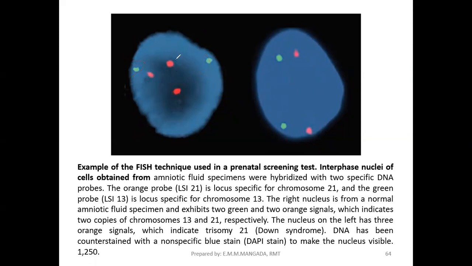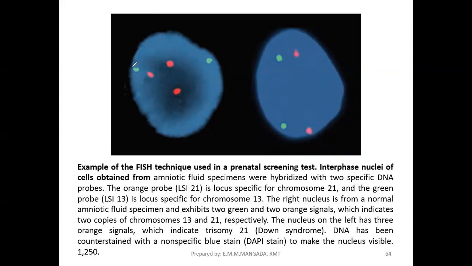May nakikita kayong kulay na dalawa, orange at saka green. Anong ginamit dito to detect yung chromosome na may problema? Gumamit sila ng nucleic acid probe against your chromosome 21 and chromosome 13. Yung green, yun yung chromosome 13 ninyo.